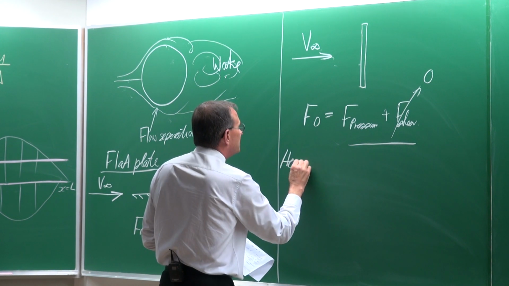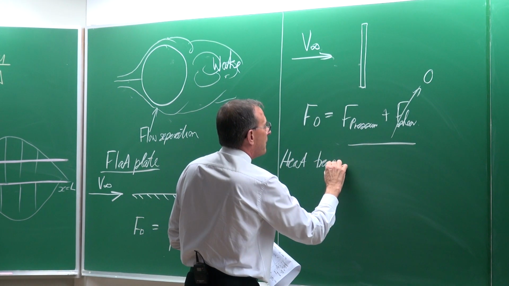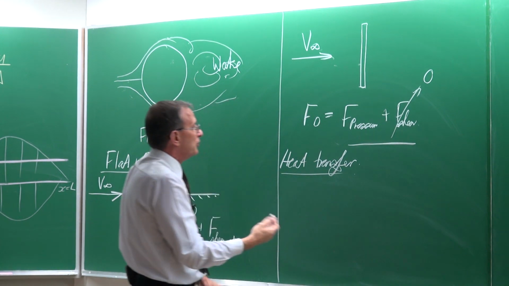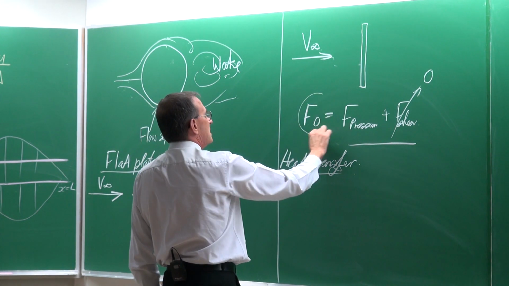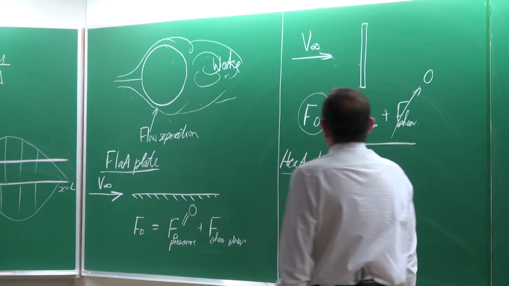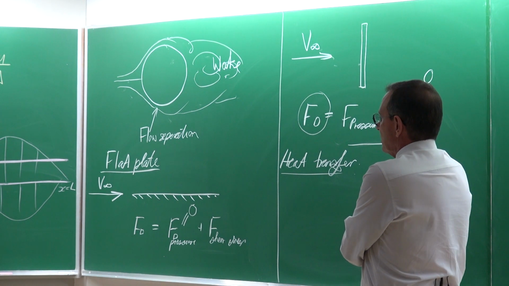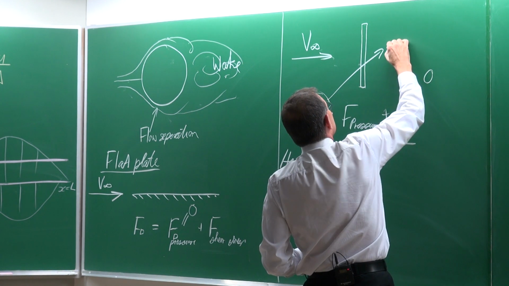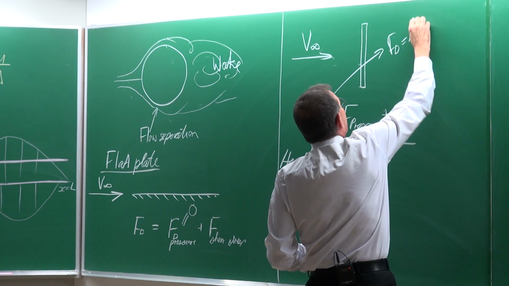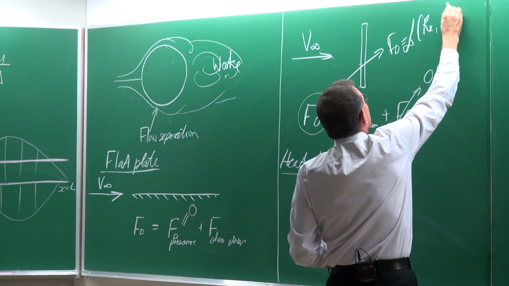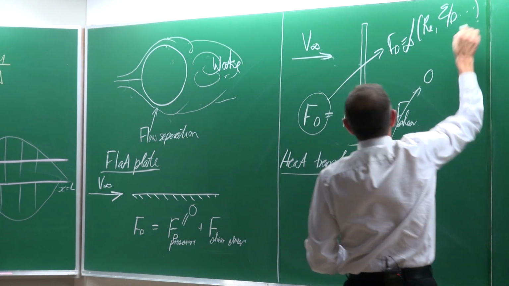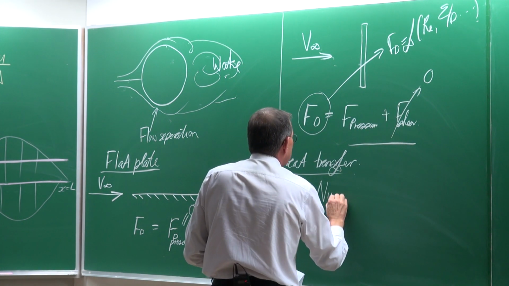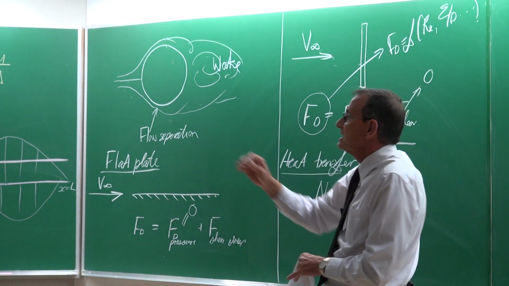If we now jump to heat transfer, before we get to heat transfer, if we just look at the drag force, then we've said it is a function of Reynolds number, surface roughness, etc. The moment we get to heat transfer, then we are not interested in the drag force or the CD coefficient.